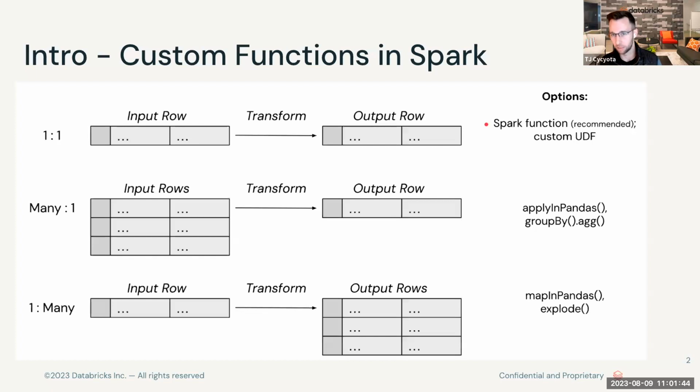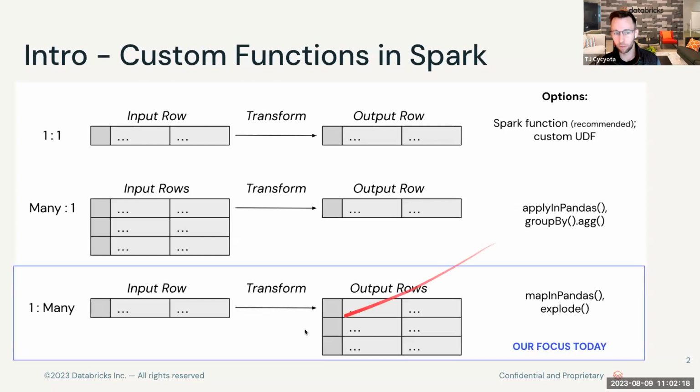It's performant, it's parallelized, it will work best 99% of the time, but sometimes you'll need to use a custom user-defined function, and that's fine too. There are other types of operations where you want to transform one input or many input rows into one output row. So a typical group by agg will work. And if your transformation is a more complex aggregation, or you're training many models in parallel, like we see a lot in machine learning use cases, there's also apply in pandas.